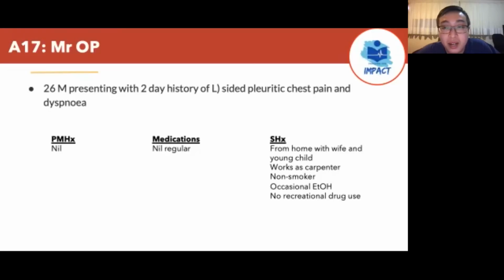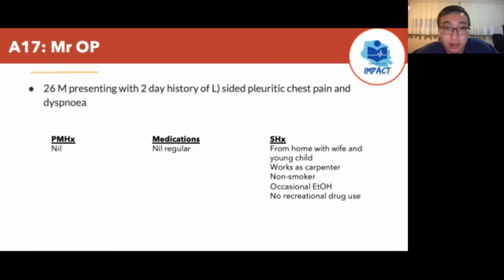Again, another stock standard presentation that you'll see again and again and again in the emergency department. This patient has no significant past medical history, he's on no regular medications. He's from home with his wife and a young child, works as a carpenter, not a smoker, occasionally drinks some alcohol, and has no recreational drug use.